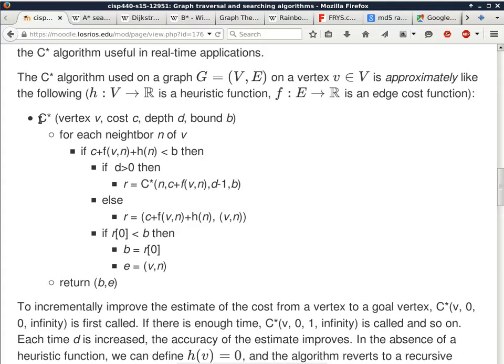Yep. So if you have a lot of processing power, would this algorithm be better than other ones? I can tell you one thing that this one is really good for is when you have parallel processing. Because of the recursive nature, anything that is quote-unquote recursive, a lot of times will lend itself to parallel processing. A-star is not easy to parallelize because we have the shared data structures.